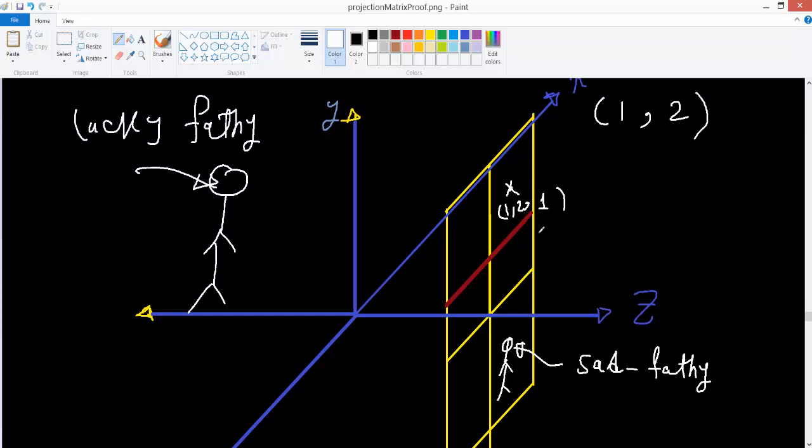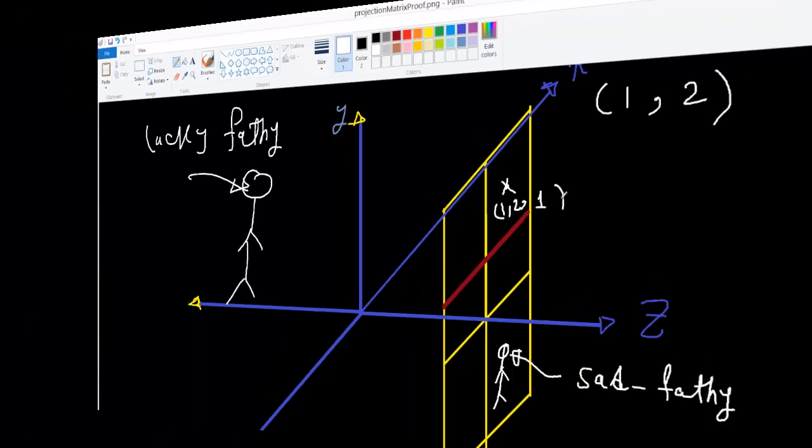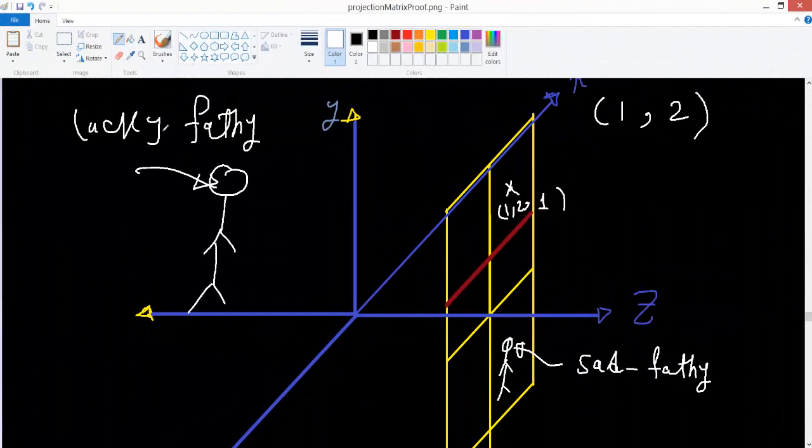Sad Fathi, being a computer engineer, realizes why algebraically he has to put this 1 here, but he does not realize what this means geometrically, and that's what makes him really sad. Lucky Fathi, on the other hand, realizes what tortures the soul of Sad Fathi. He understands the whole situation, but he is unable to explain to Sad Fathi what he understands because this is beyond the imagination of Sad Fathi.